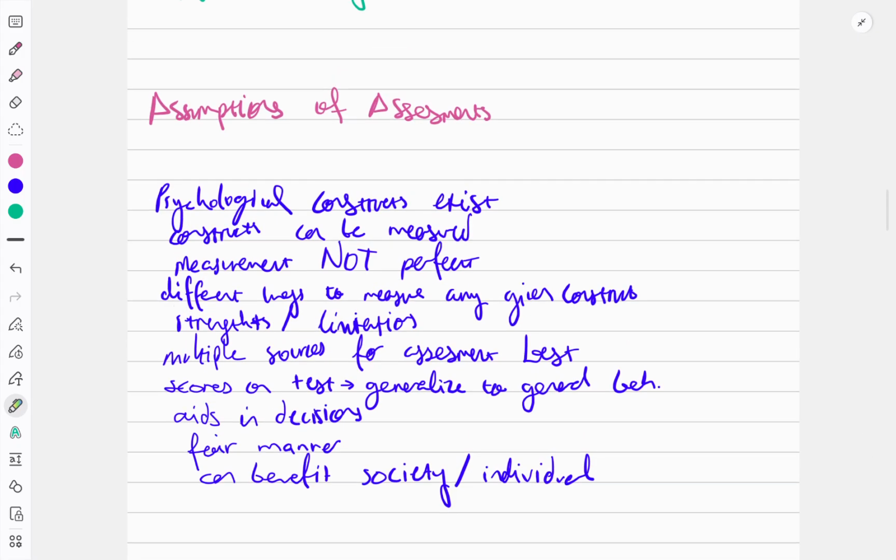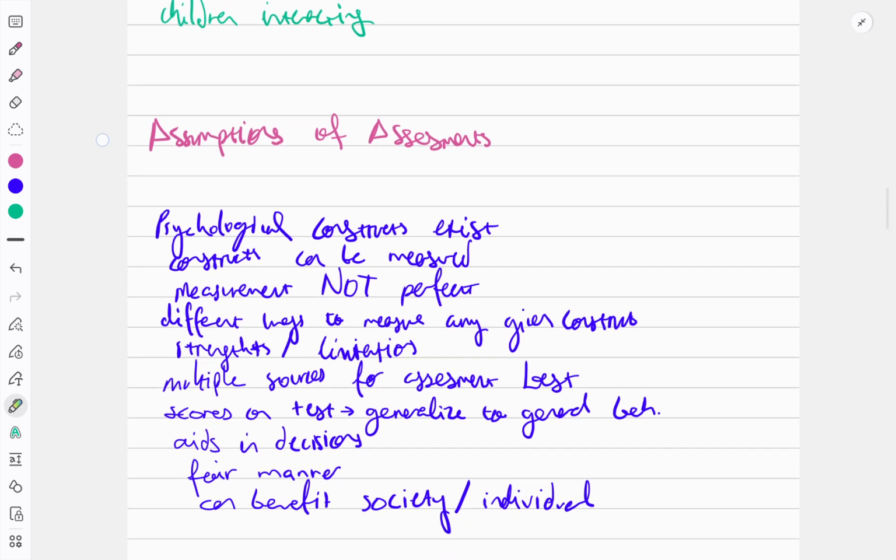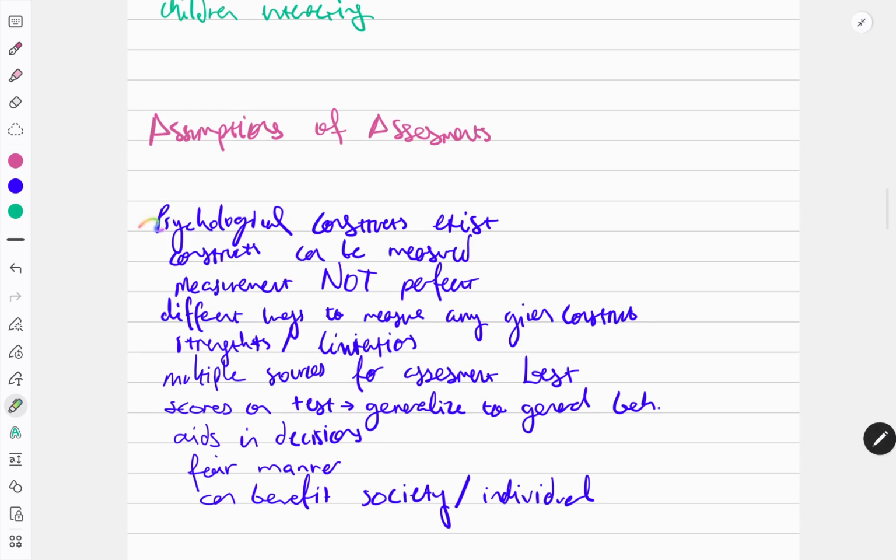So we need to have certain assumptions to assess. We need to start with certain assumptions when we are doing psychological tests. So we need to assume that psychological constructs exist. Without psychological constructs, it doesn't make any sense for us to test people.